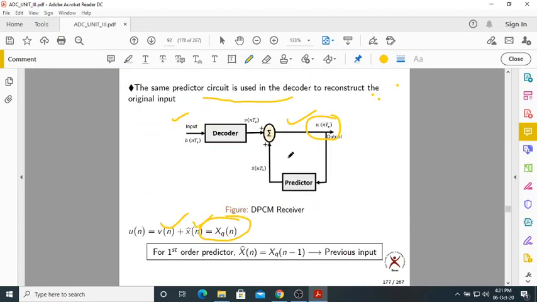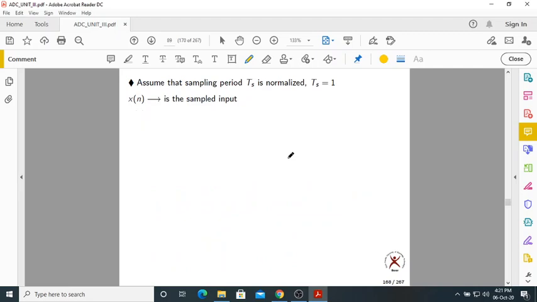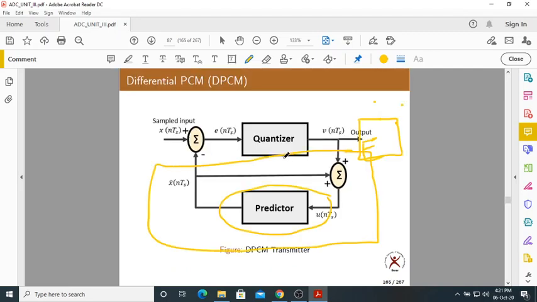Let me go back here. What do we mean by first order prediction? First order means the output is the same as the previous value, which means x cap of n equals u of n minus 1, the previous value.